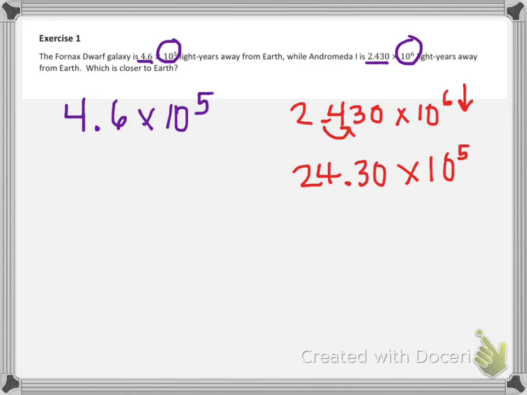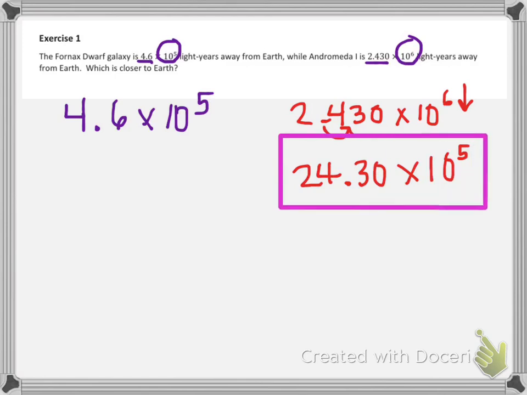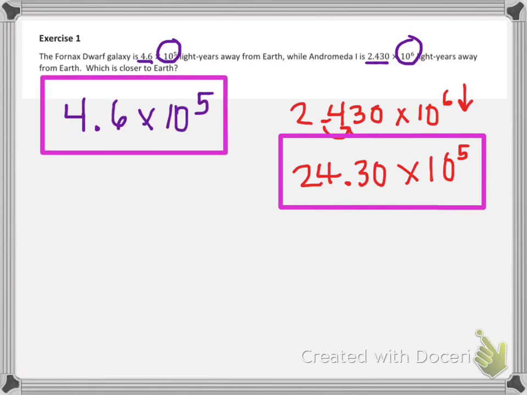And now you can see that on our Andromeda distance, we have 10 to the 5th, and then we also have 10 to the 5th over here for the Fornax dwarf galaxy. And since they're the same, then we just have to compare the two numbers here.